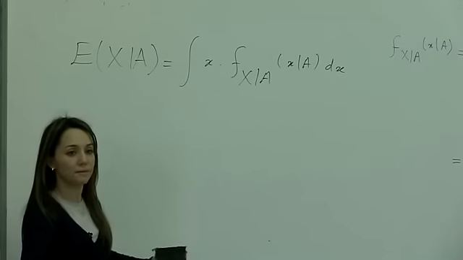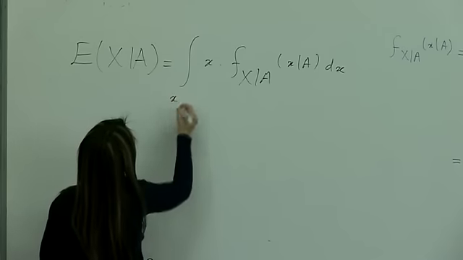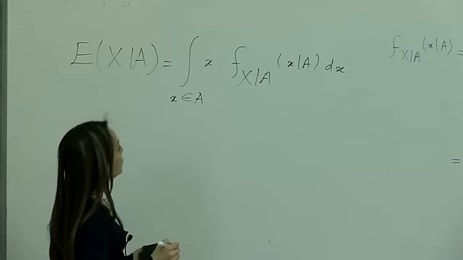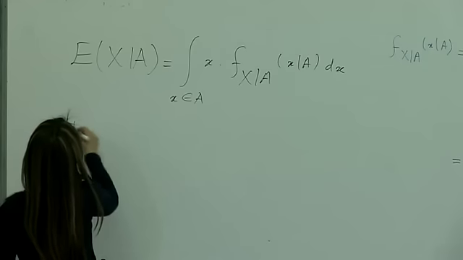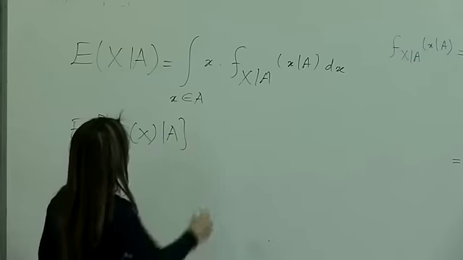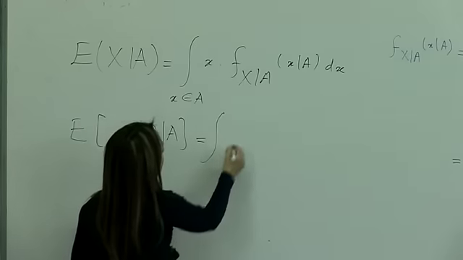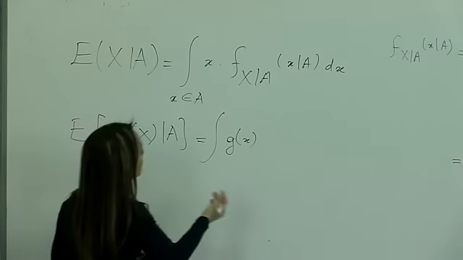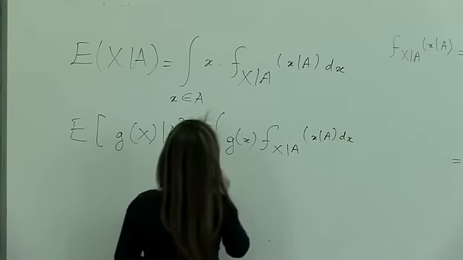Right, outside of A, the conditional density is 0. So this is integrated over values of x that are in A. That's pretty straightforward. How about the expectation of a function of x given A? Again, the previous results from the discrete case extend easily, because the summations there are simply replaced by integrals: the integral of g(x) f_X given A dx.